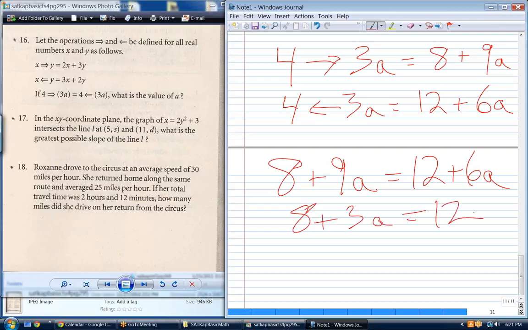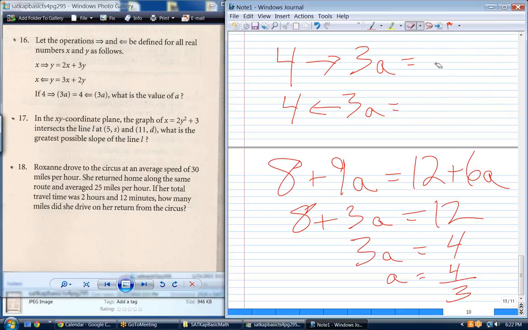Minus 8 on both sides gives 3a equals 4. What's the value of a? Divide by 3. A equals 1.33, or 4 over 3.